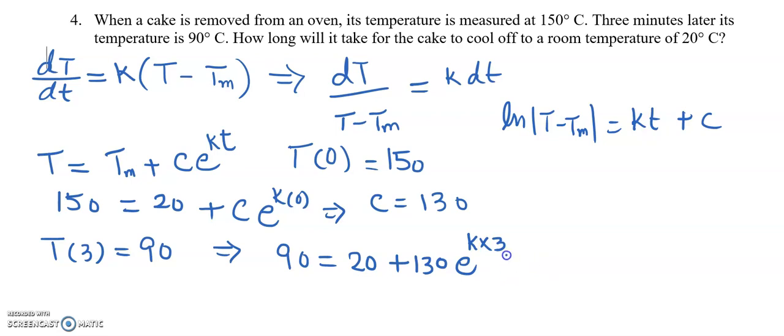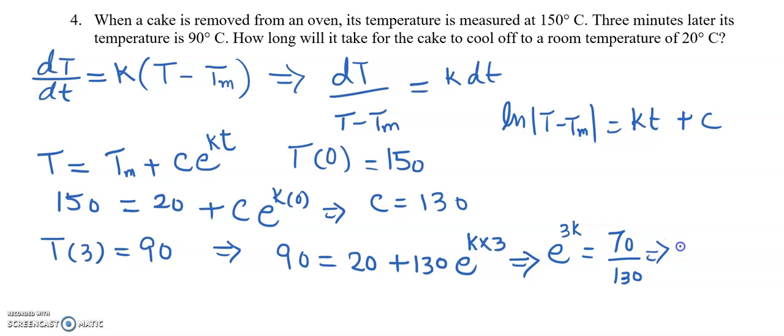From here we can determine k. 90 minus 20 is 70, so e to the power 3k is equal to 70 over 130, that is 7 by 13.